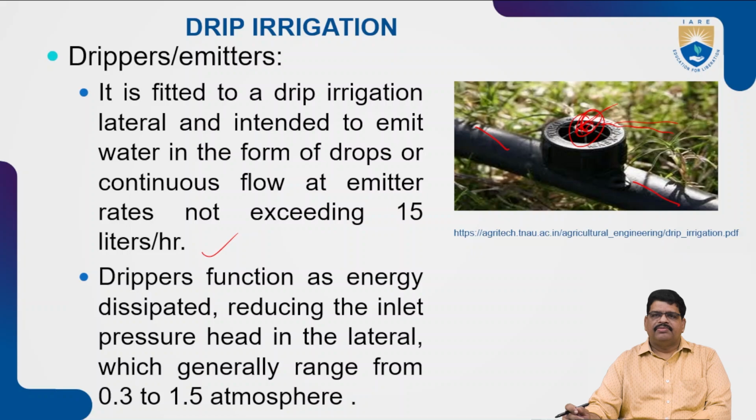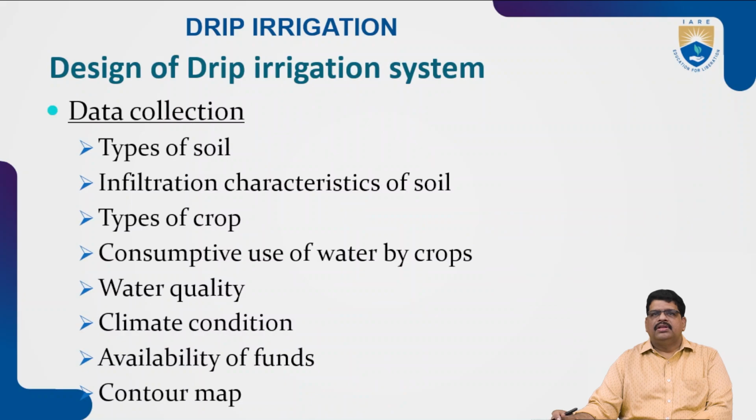Next, the function of the drippers is to act as energy dissipators, reducing the inlet pressure along the lateral, generally in the range of 0.5 to 1.5 atmosphere. Next, the design of the drip irrigation system. How is it designed?